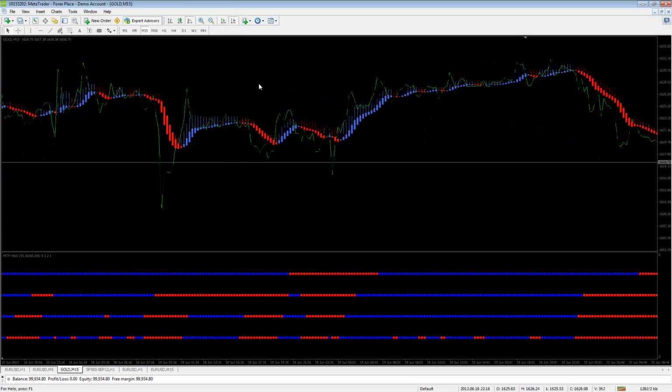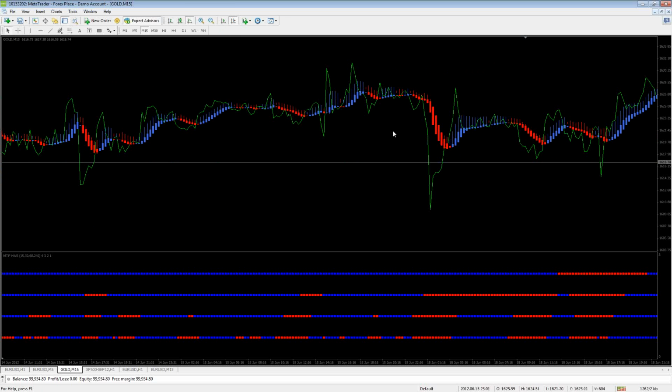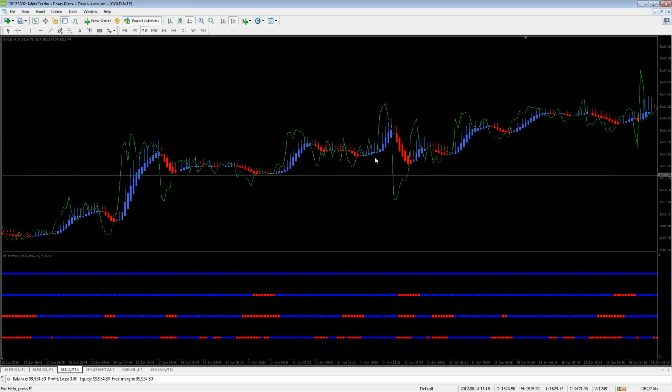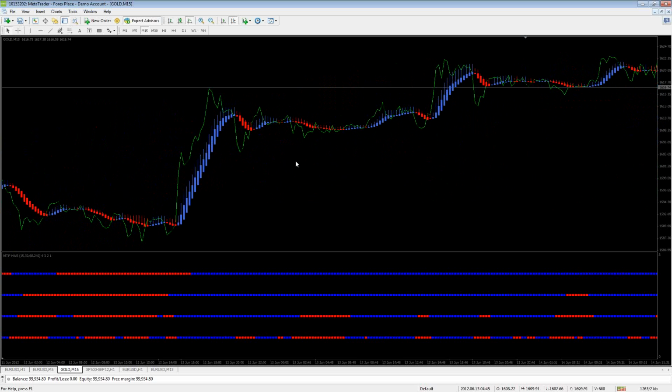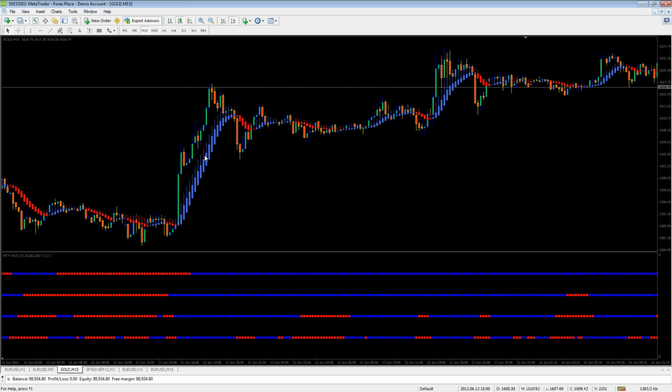When we have a strong trend, in this case it's not strong, it's just going sideways. But when we have a strong trend, the price may find support along the Heikin Ashi candles.